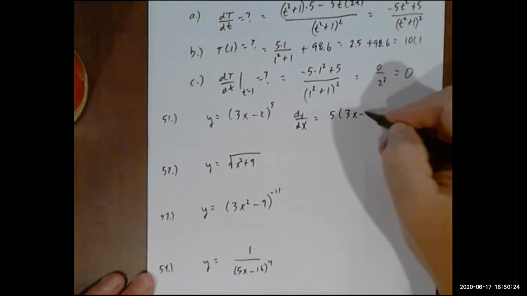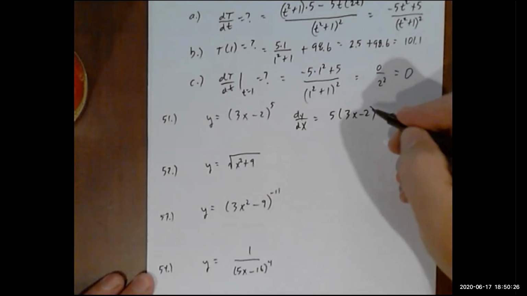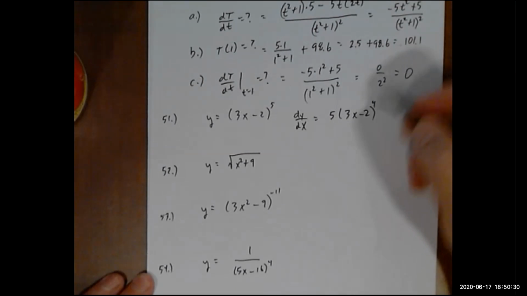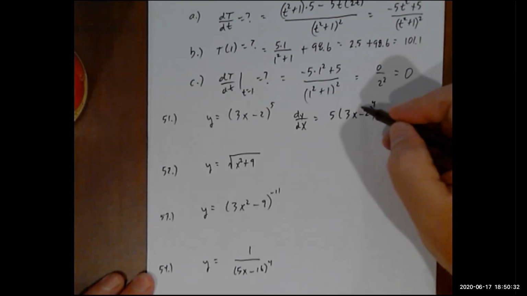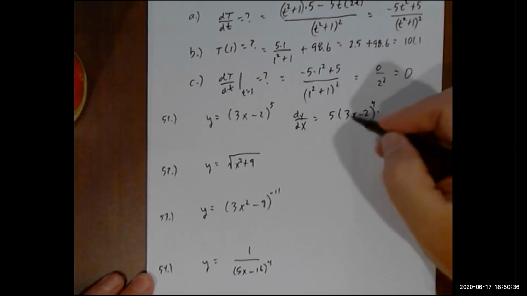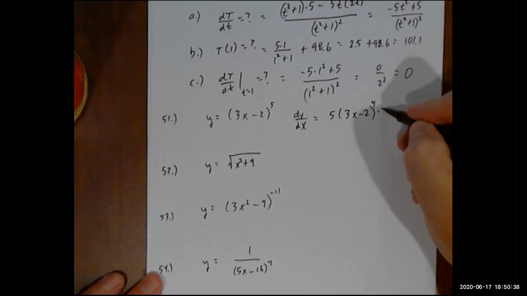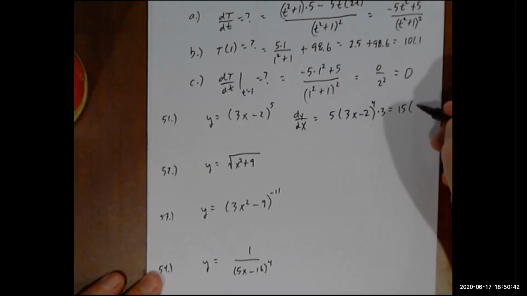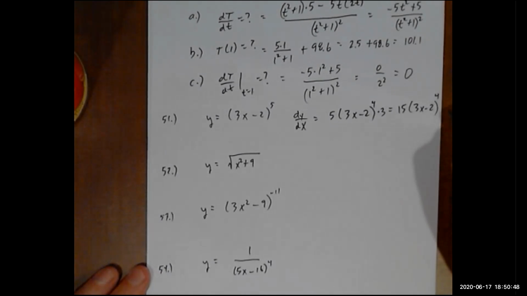You simply copy down what's inside the parentheses. You subtract 1 from your exponent. Then you multiply by the derivative of what's inside the parentheses. Derivative of 3x minus 2 is just 3. So we should end up with 15 times 3x minus 2 raised to the 4th power. So we'll enter that in a few minutes.